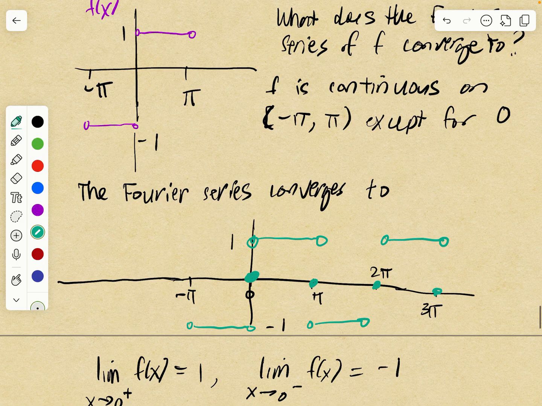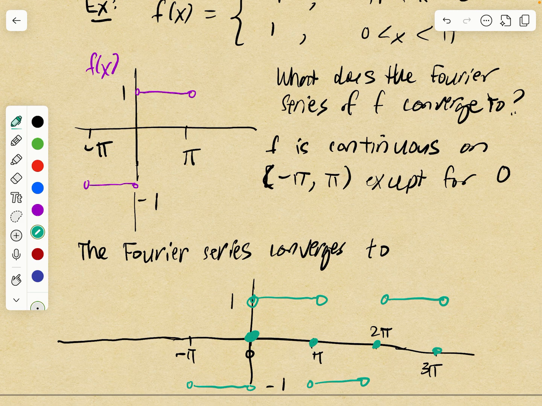If you want to continue the Fourier series, you should look at the extension of f of x forever. You take the function f and shift it to the right forever, so you look at the periodic extension like this.